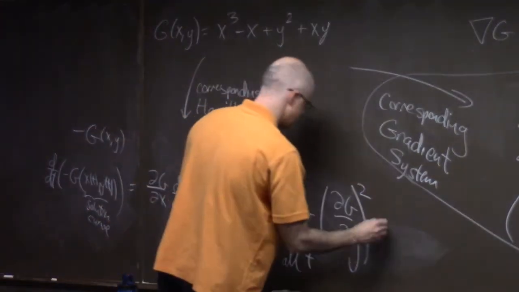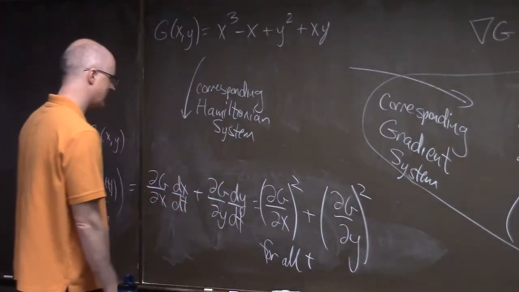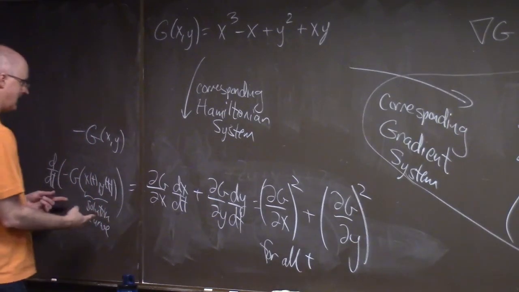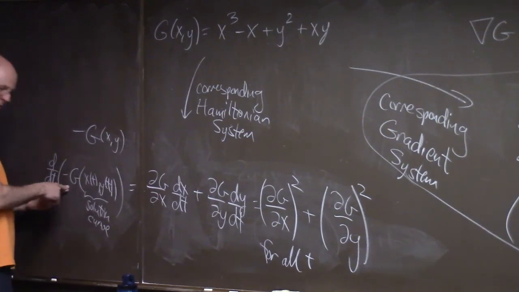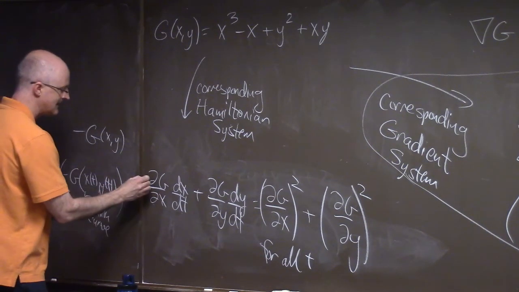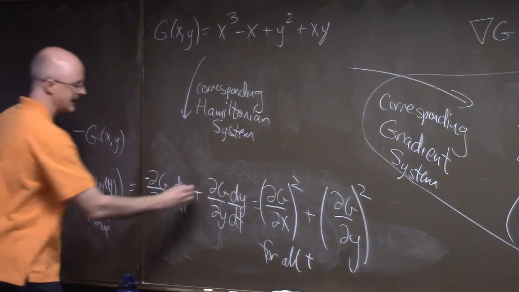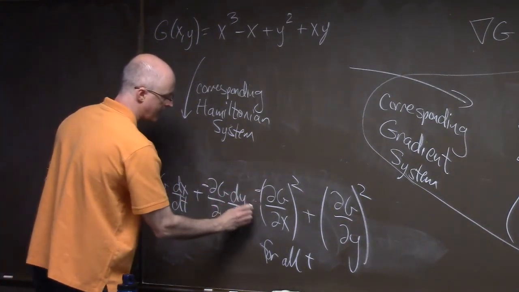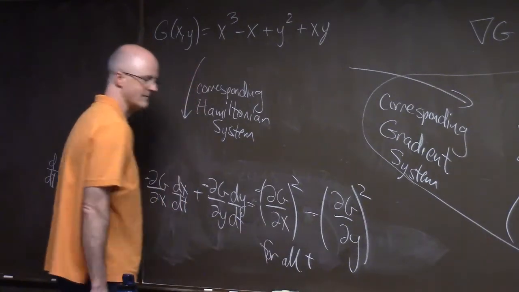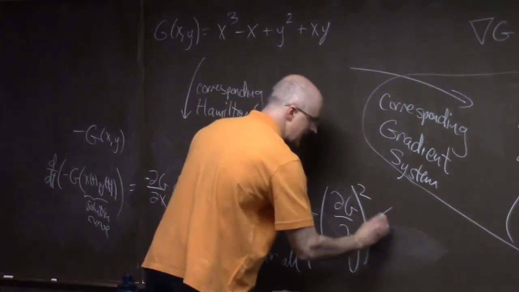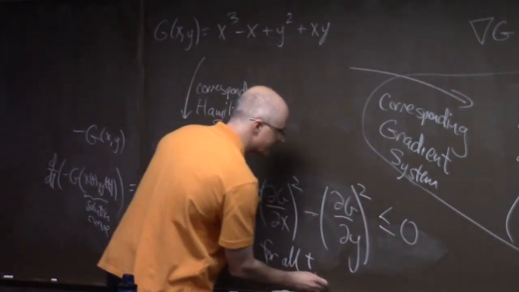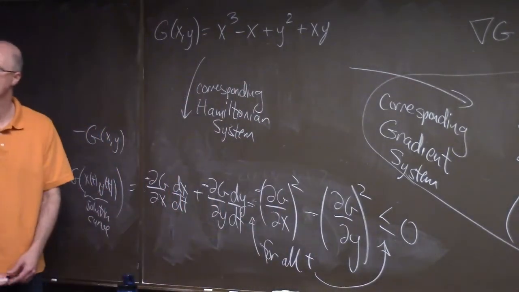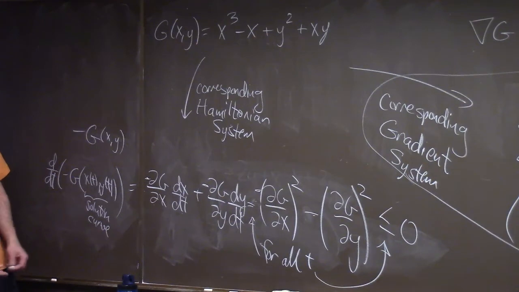And that's, oops, forgot my negative signs, didn't I? I was differentiating the negative gradient. There should be a negative sign there and a negative sign there, giving you a minus sign there and a minus sign there. That's less than or equal to 0 for all t as well. Is it only equal to 0 at a discrete set of t's?